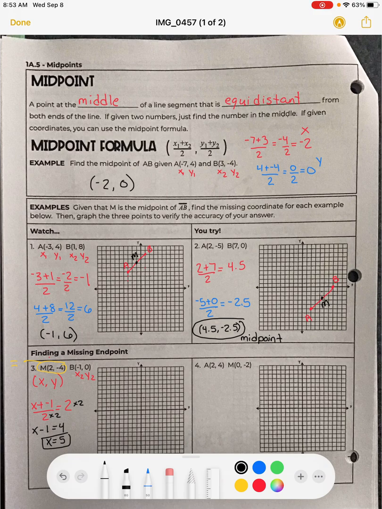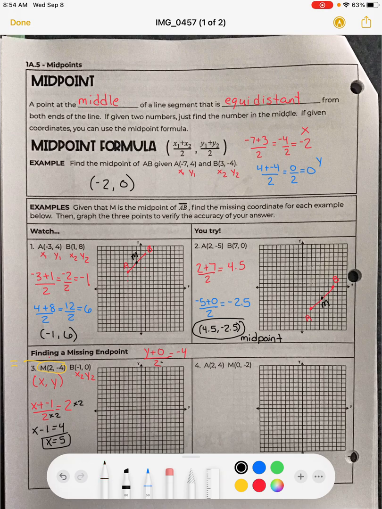Okay, now we're going to do the same thing with the y values. My y values would be y plus 0, that's your y2, divided by 2 equals negative 4. That's the y value in the midpoint.